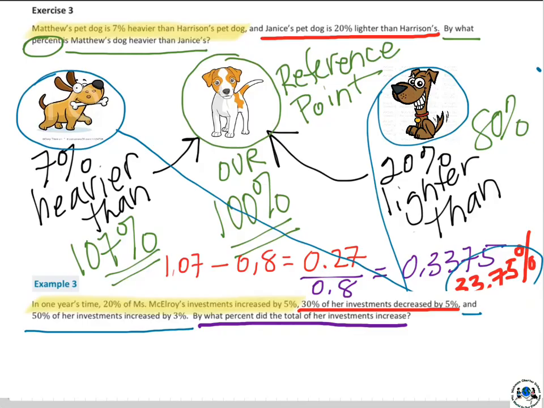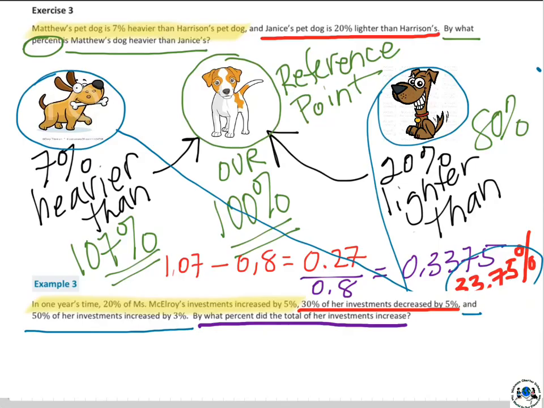You have different investments, and some of those investments do a lot better than other ones. And in this case, you can see what happened to Mrs. McElroy. She may have done well in some places, because 20% of her investments increased. Then 30% of her investments decreased by 5%.